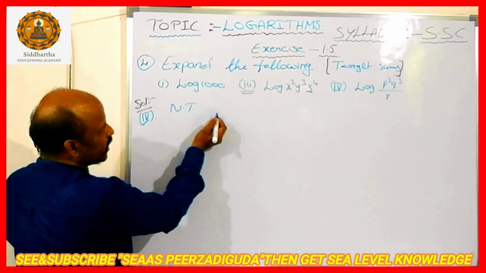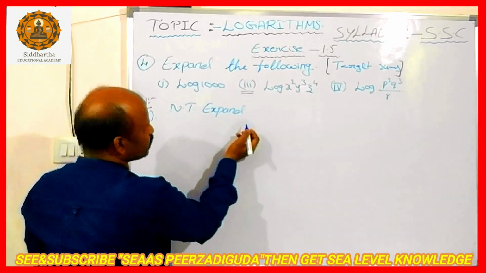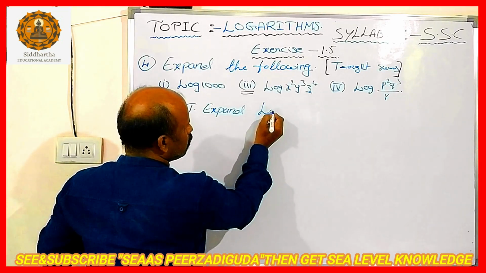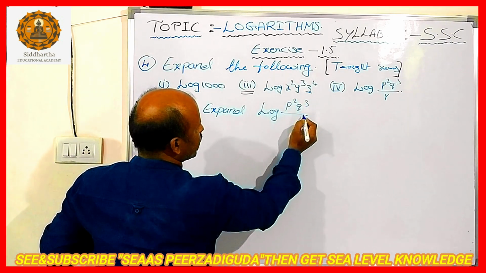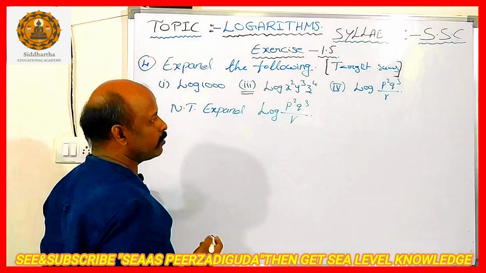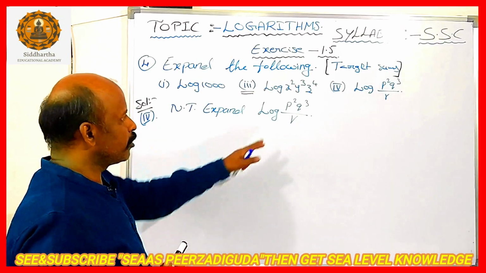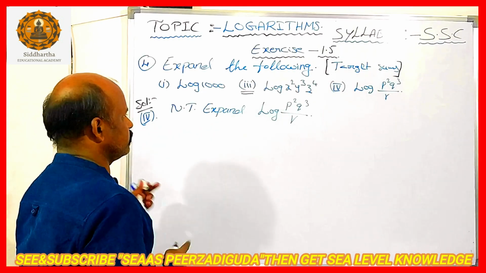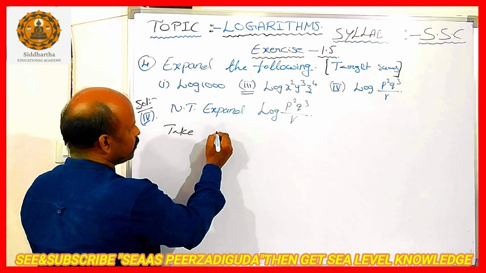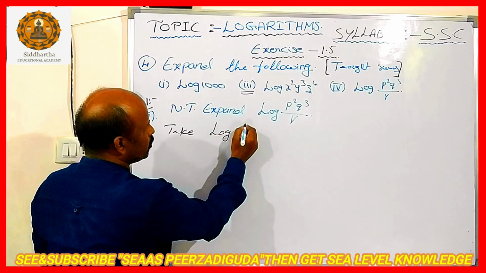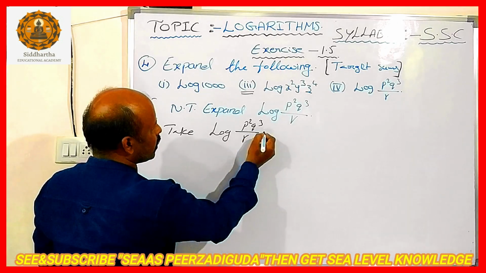Now to expand log p square q cube by r, this one we have to expand over here. So for expanding, now I am going to take this part: log p square q cube by r.